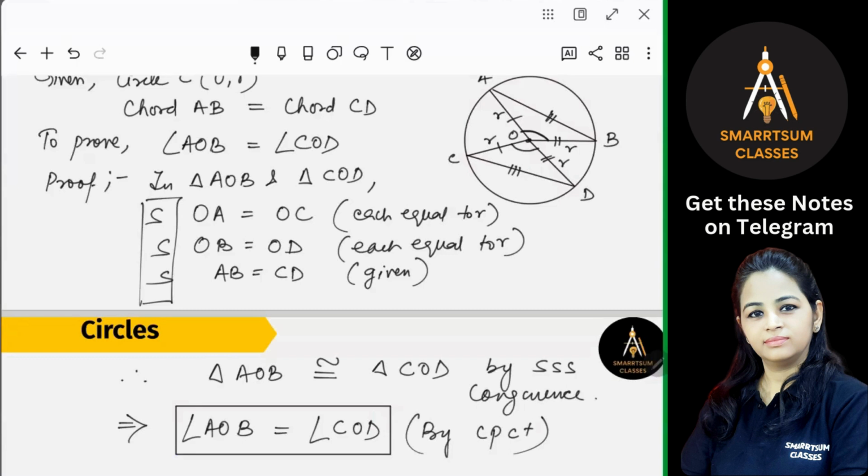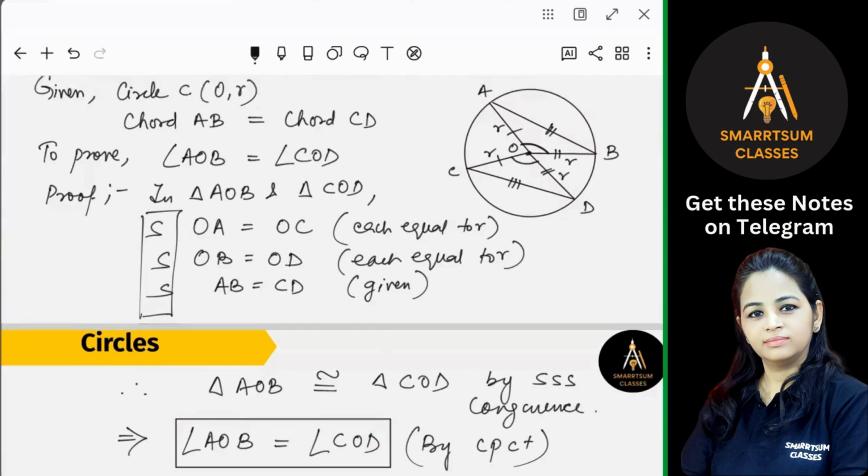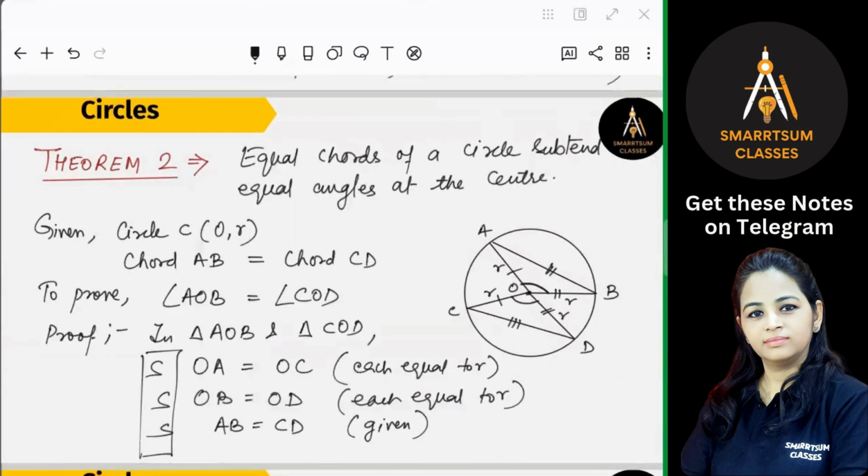We have proved that the angles subtended by the equal chords are also equal. That's how we have proved this theorem, that equal chords of a circle subtend equal angles at the center. So if there are two equal chords, then the angle subtended by these two chords at the center will also be equal. Is that clear to everyone? Yes, sir.